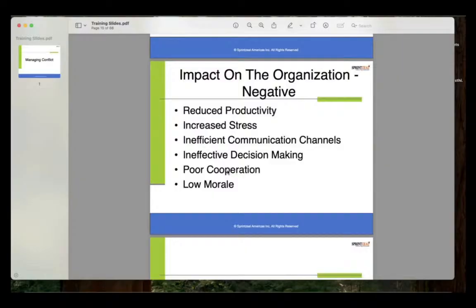Probably the reduced productivity. A typical one would be, for instance, I want my colleague to do something for us, but this is not her or his top priority, and then we spend lots of time arguing.